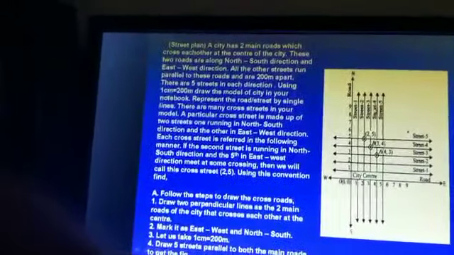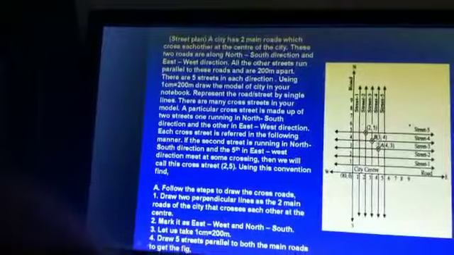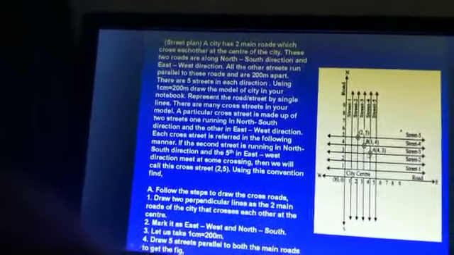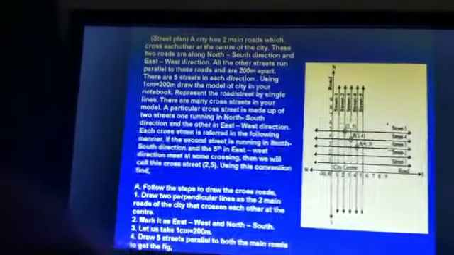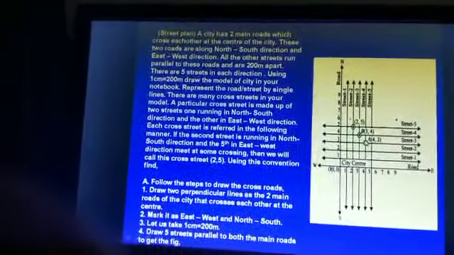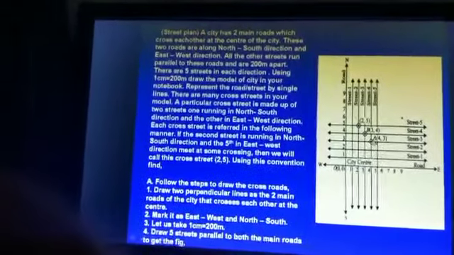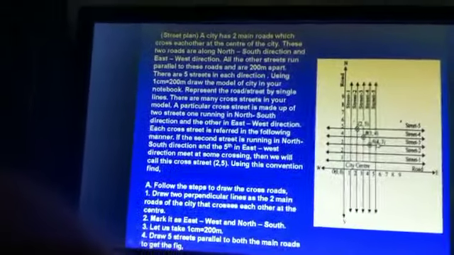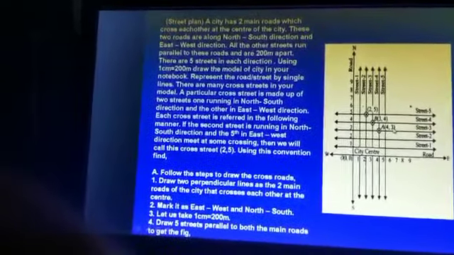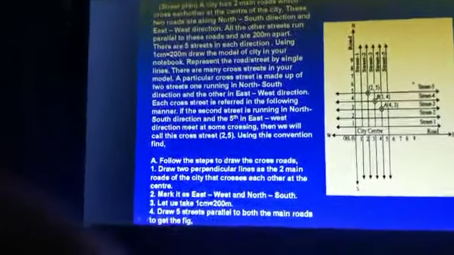Okay, now the next point where we should mark street 4 of north-south direction, where it is crossing street 3 of the east-west direction at the point A. So I have written the ordered pair as 4, 3. Can you see children? It is visible clearly. Okay, how to draw?